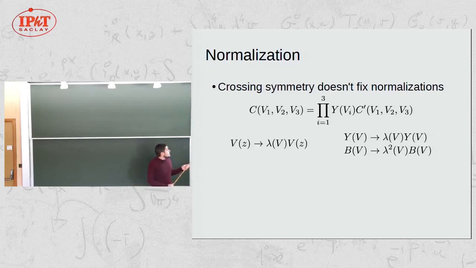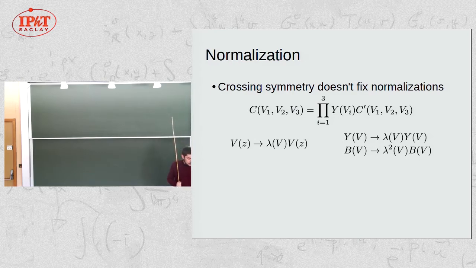So if we split the 3-point structure constants into a normalization dependent part, which we call the factor Y of b, and a normalization independent part called C prime, we see that under a field redefinition b going to lambda of b times the original field, the factor Y transforms linearly with lambda, and the 2-point normalization factor transforms quadratically.